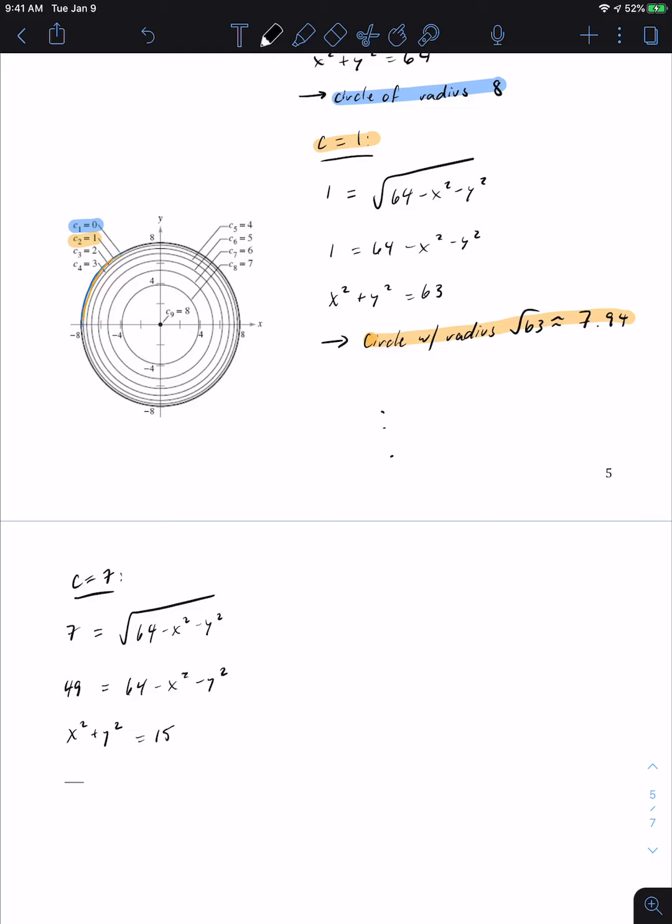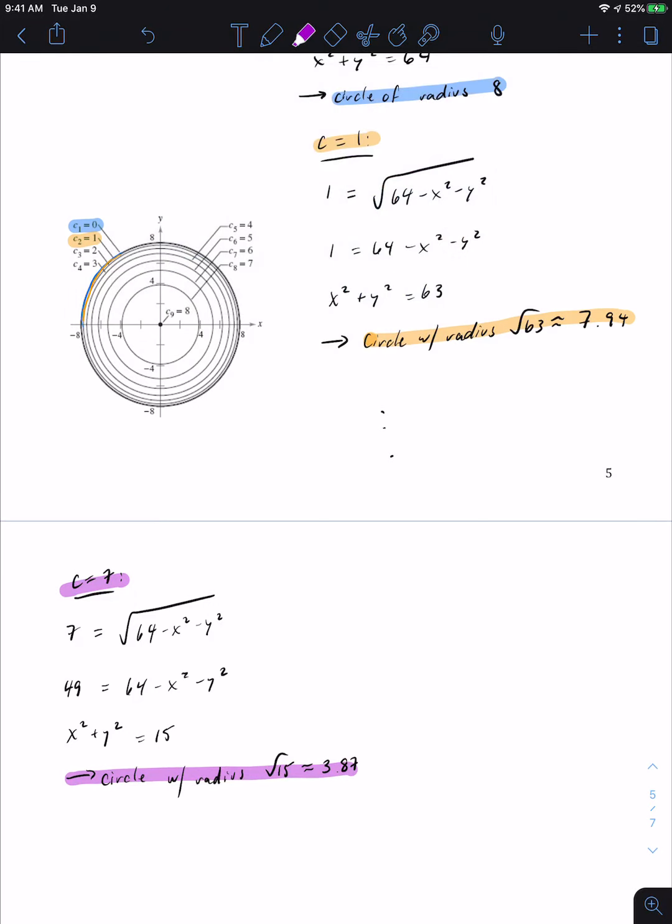And so we know that this is a circle with radius radical 15, which we know is going to be less than 4. Radical 15 is 3.87. So let's draw this one here. For c equals 7, it's a circle with radius almost 4, so a little bit less than.